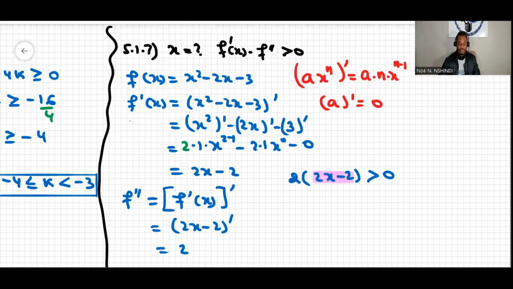So we're going to do 2x minus 2 greater than 0. This is possible if we move the 2 over. That will make 2x greater than 2. We're going to divide both sides by 2, and then x will be greater than 1. So the value of x is that x must be greater than 1. Thank you.